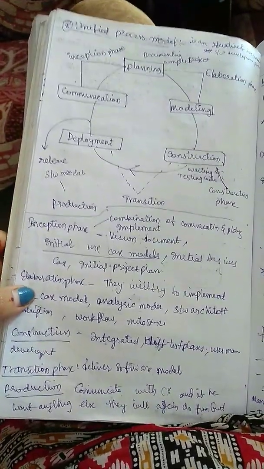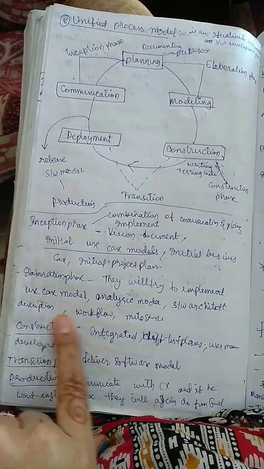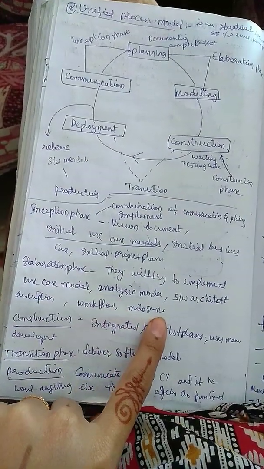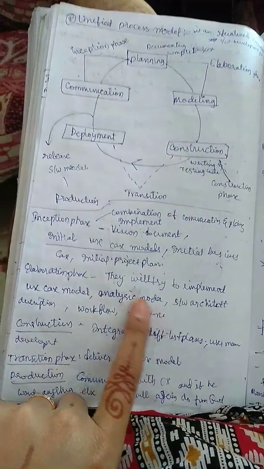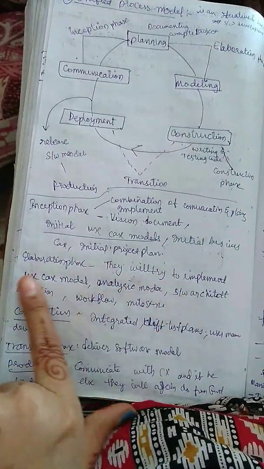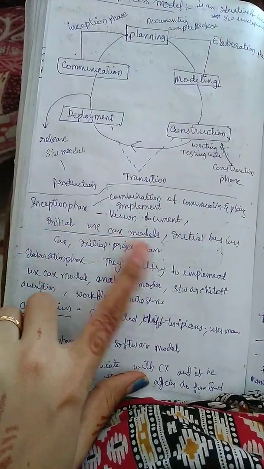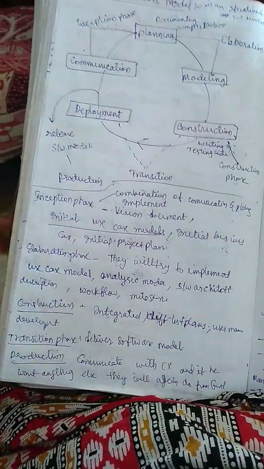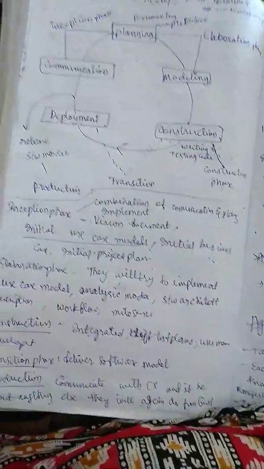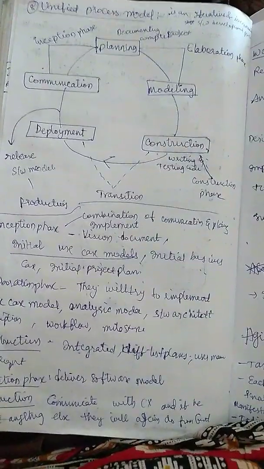And then the elaboration phase will try to implement description, workflow, and milestones. Okay, like in this elaboration phase, they will try to implement the use case method. Here they will just initially think about the use case. Like, initially they will say we wanted to use this, so all initial things are done in the inception phase.